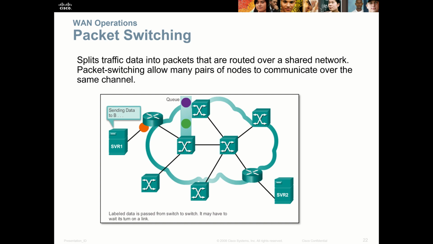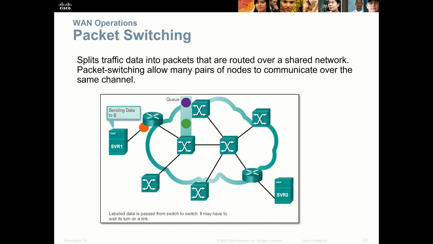Whenever server 1 in this diagram would like to send data to server 2, the packet-based network will break down the message into smaller packets, and then it will look at the most efficient route or the best path to the destination.